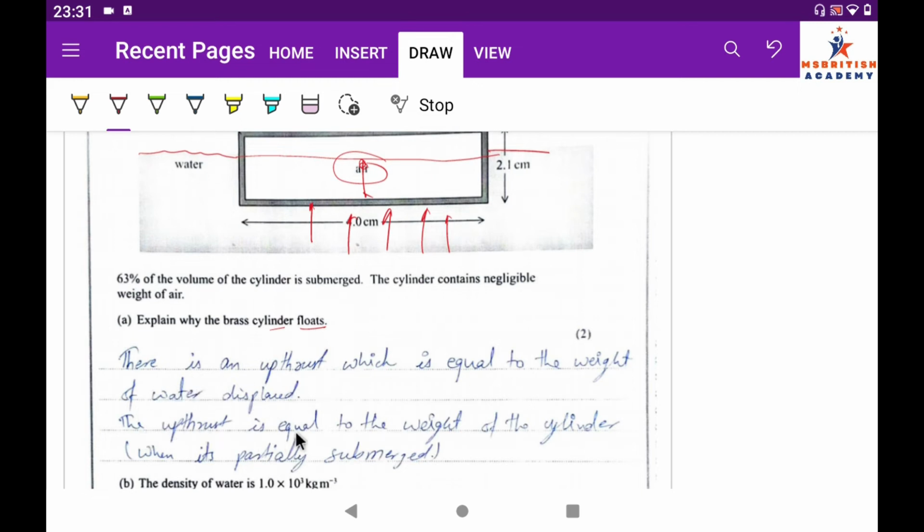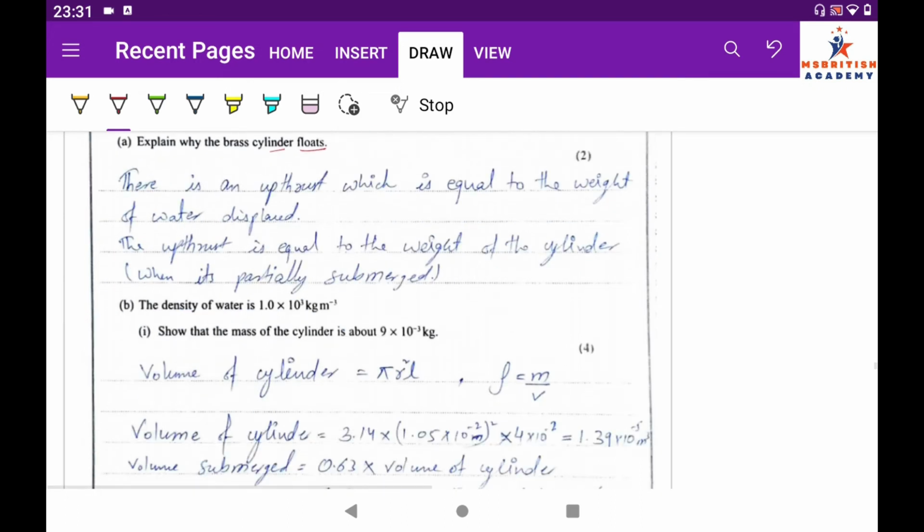The upthrust is equal to the weight of the cylinder when it's partially submerged. I hope you understood the reason why it will float, because the upthrust will exactly match the weight, however much the weight is.